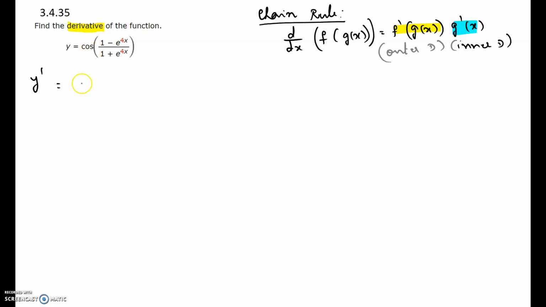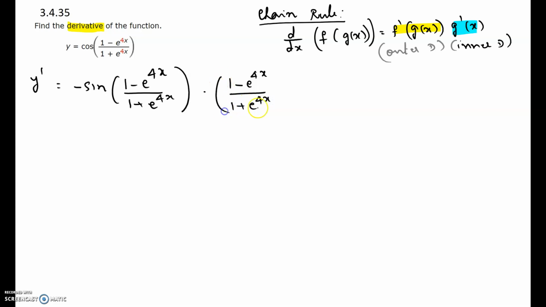So the derivative of cosine is negative sine. We have to keep the inner function as is, times the derivative of the inside function. So it is the derivative of (1 minus e to the 4x) divided by (1 plus e to the 4x).